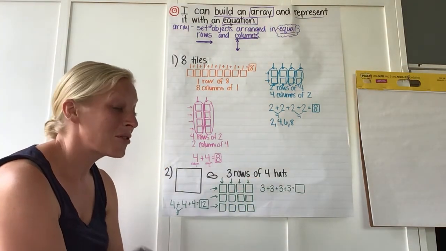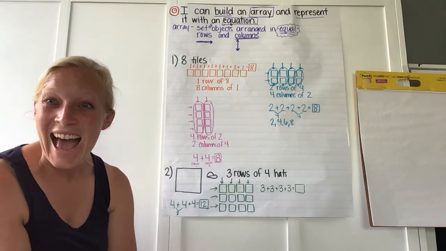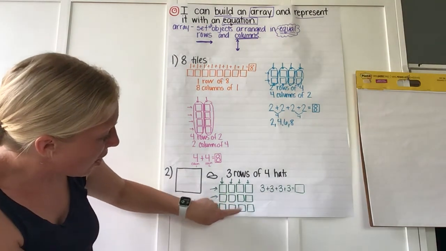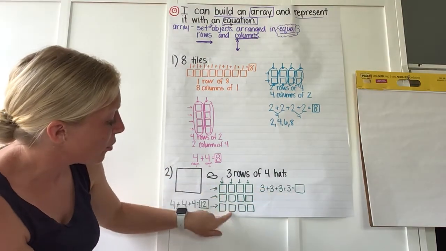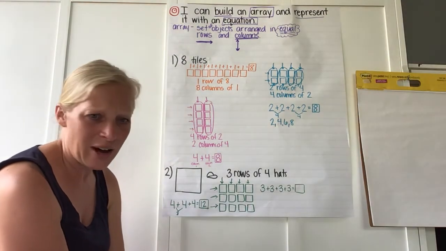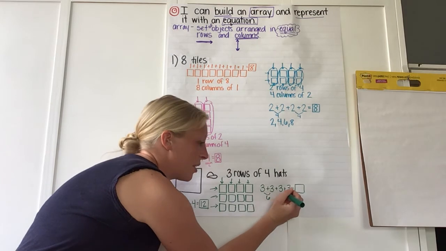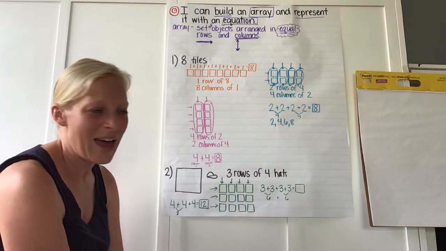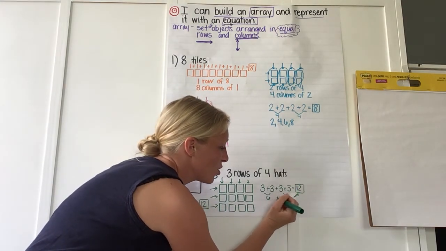Are we talking about those columns or the rows this time? Yes, we're talking about the columns. There's 4 columns, 1, 2, 3, 4, or 4 addends of 3 because there's 3 in each column. How did you figure out how many there were all together? 3 and 3 is 6, 3 and 3 is 6, and you know that 6 plus 6 is 12.